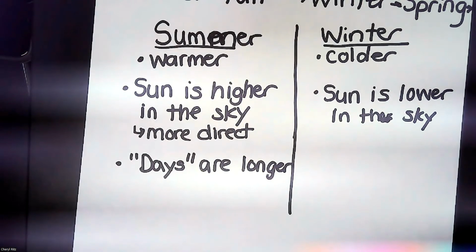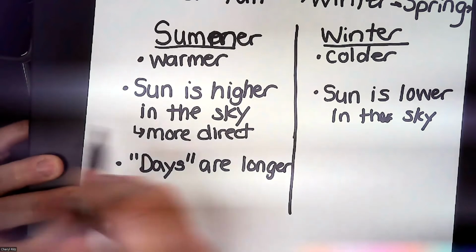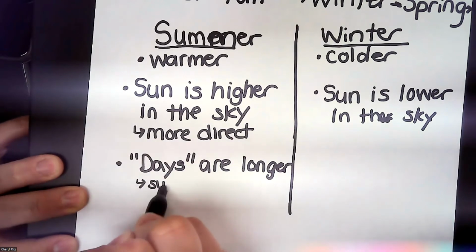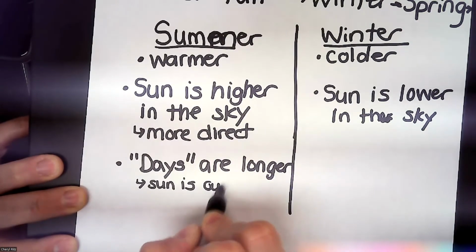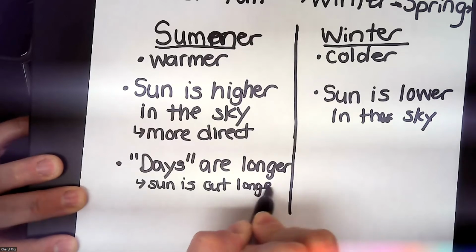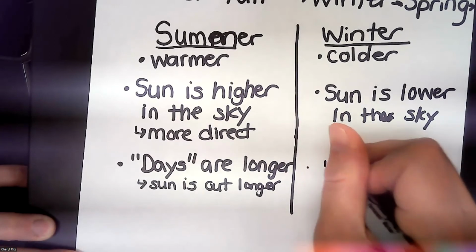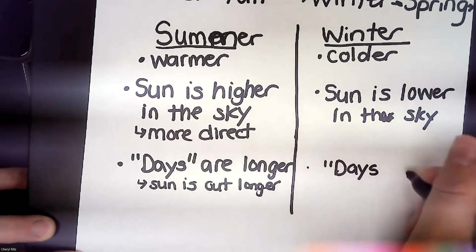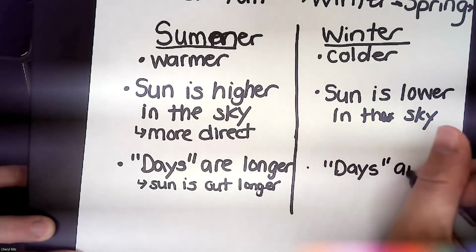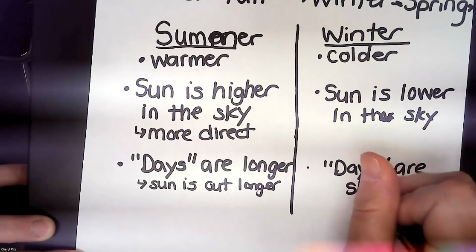I want to clear that up. But right, the sun is out longer. If you know what I mean by days, you don't need to clear that up. And again, days are shorter.